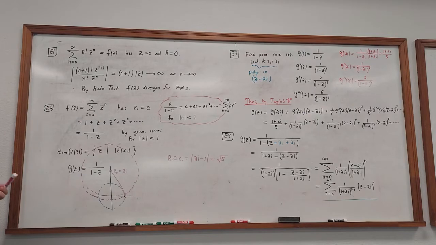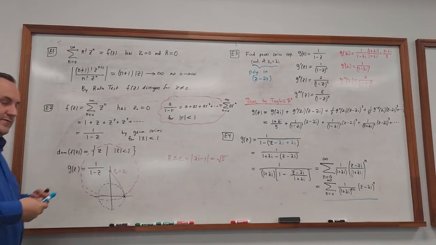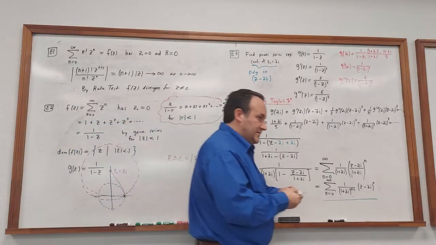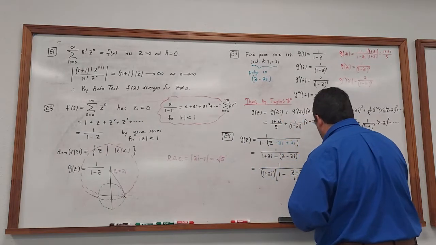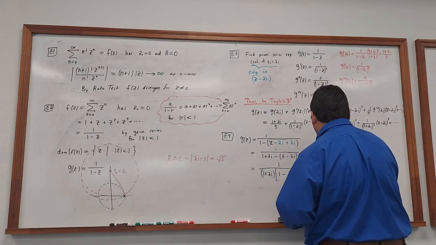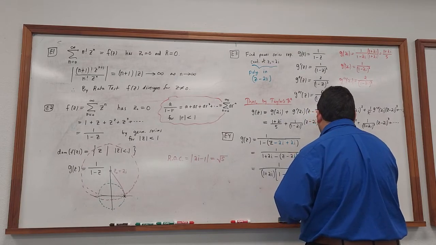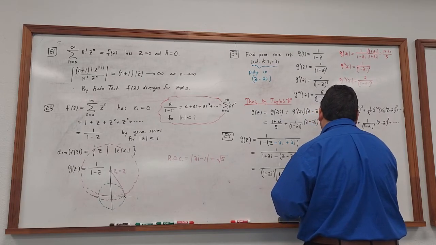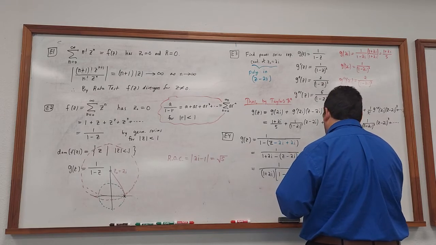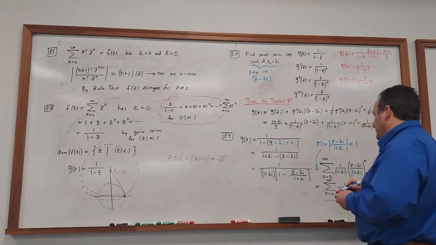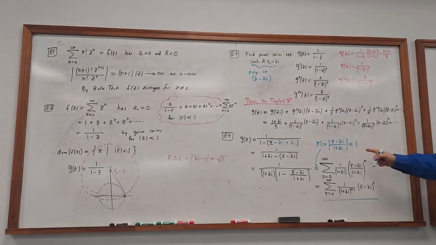What's the condition for the geometric series result to hold? When is this equality not total nonsense? It's not total nonsense when the modulus of r, which is equal to the modulus of (z minus 2i) over (1 plus 2i), is less than 1. What does this condition tell us?